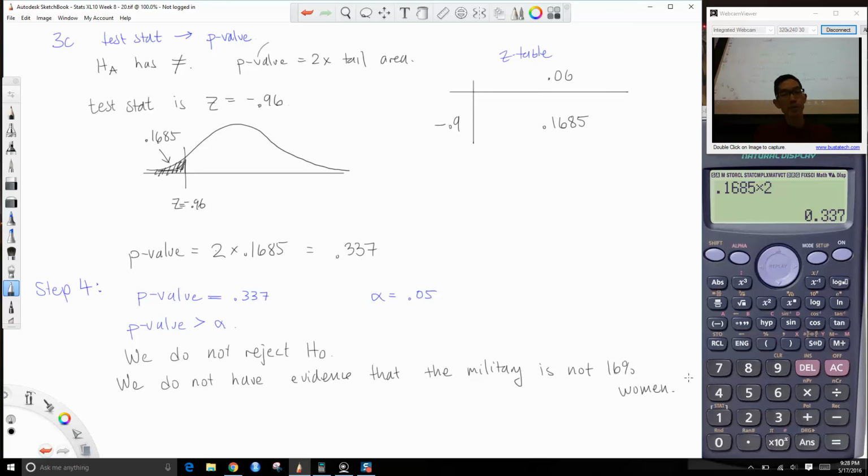It turns out that it could happen from random chance alone about 33% of the time, like 1 in 3. So anytime you take a sample of 200 people from the military, it's quite possible that you get only 13.5% women. Because of that, we can't say that the military is something other than 16% women.